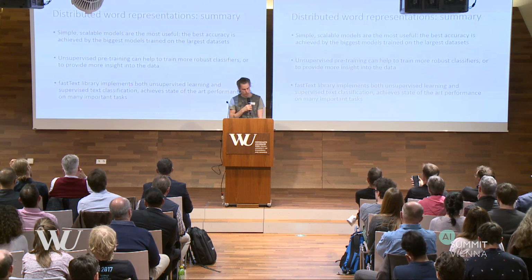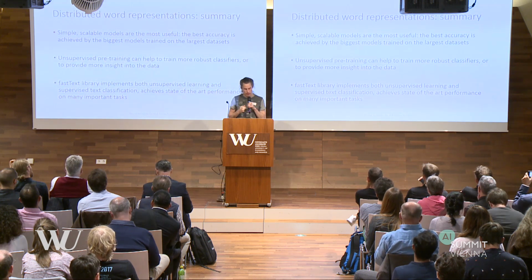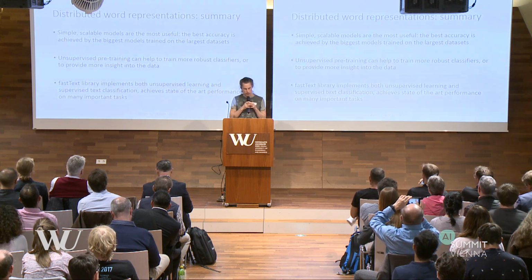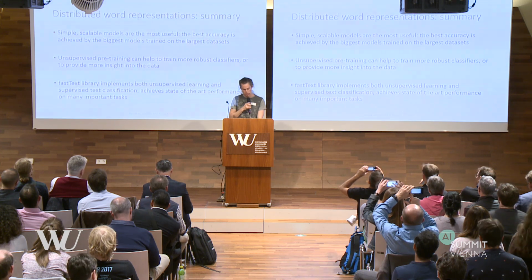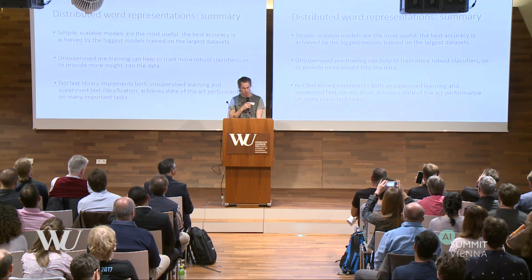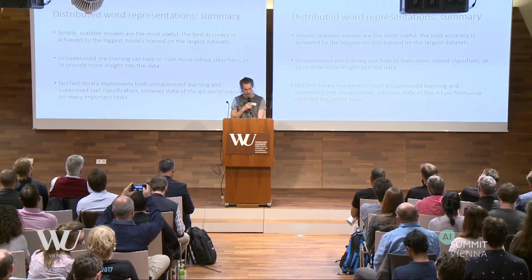That's it. So the summary for this part is that for building text representations and text classifiers, it seems that simple and scalable models are the most useful in practice. The best accuracy is usually achieved by the model that is trained on the biggest amounts of data, and that's usually the scalable models.